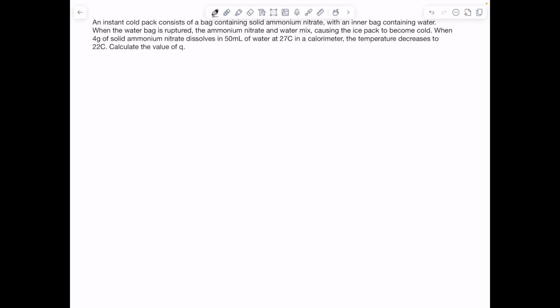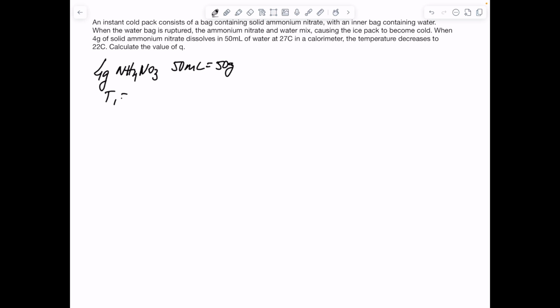Okay, so again, let's start with what we are given here. So we have 4 grams of ammonium nitrate, which is NH4NO3. We also have 50 milliliters of water, which is 50 grams essentially.